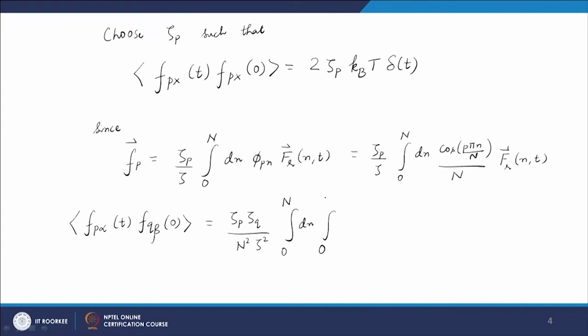I define the contour variables as n and m again to retain the cross terms, and then we have in the middle cos(p pi n by N) cos(q pi m by N), and then we have f_r and t, and we are looking at not really the whole vector, but the alpha and beta components of these vectors.